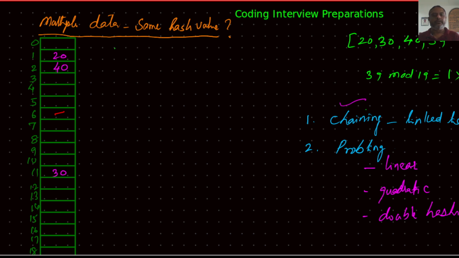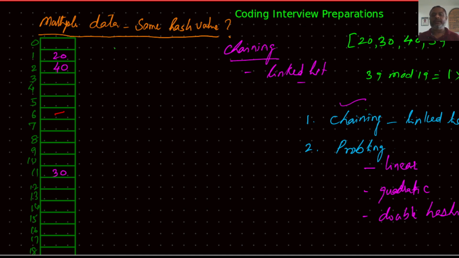Chaining is to create a linked list. So we have 20. 20 gets location 1. 30 gets location 11. 40 gets a location of 2.